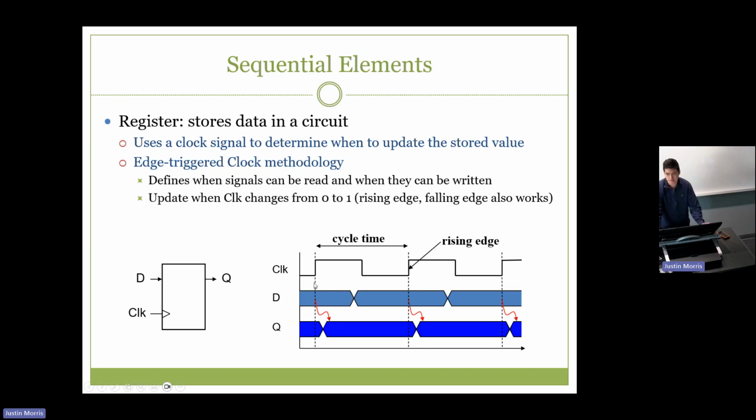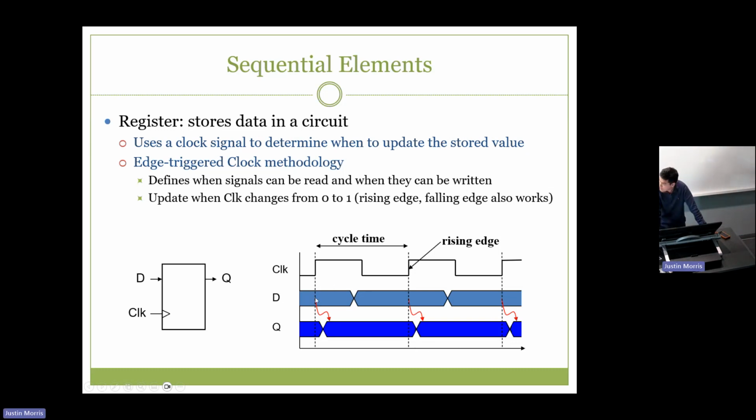So we have these setup and hold times, right? So the signal that you want to change the flip-flop to needs to be steady some time before the rising edge and also after the rising edge in order to properly capture it in the flip-flop and output it.